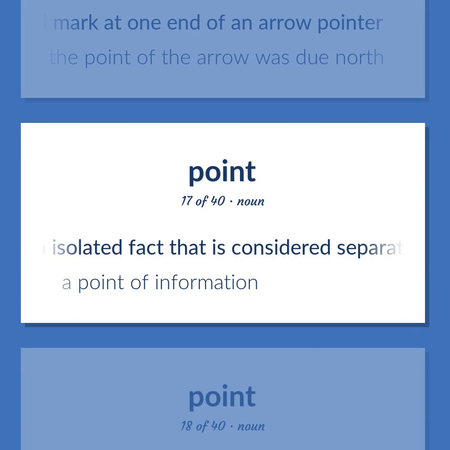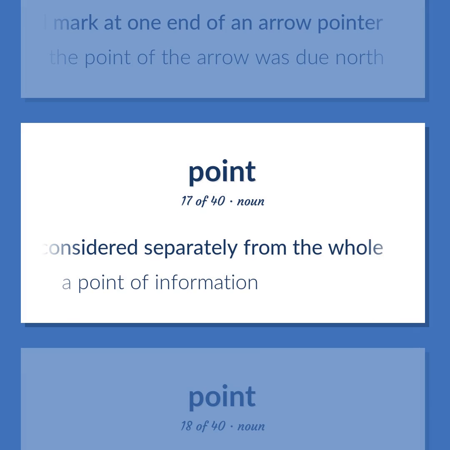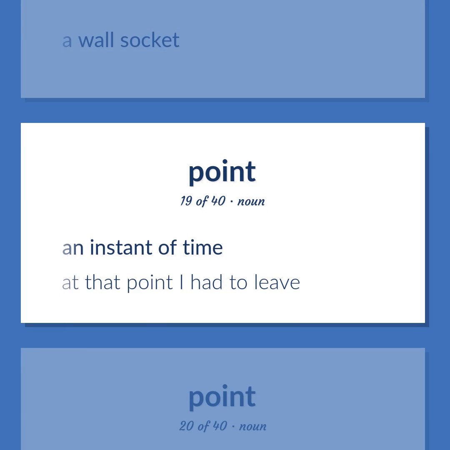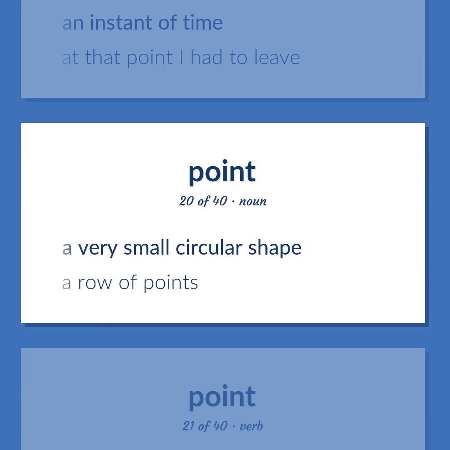An isolated fact that is considered separately from the whole. A point of information. A wall socket. An instant of time. At that point I had to leave. A very small circular shape.